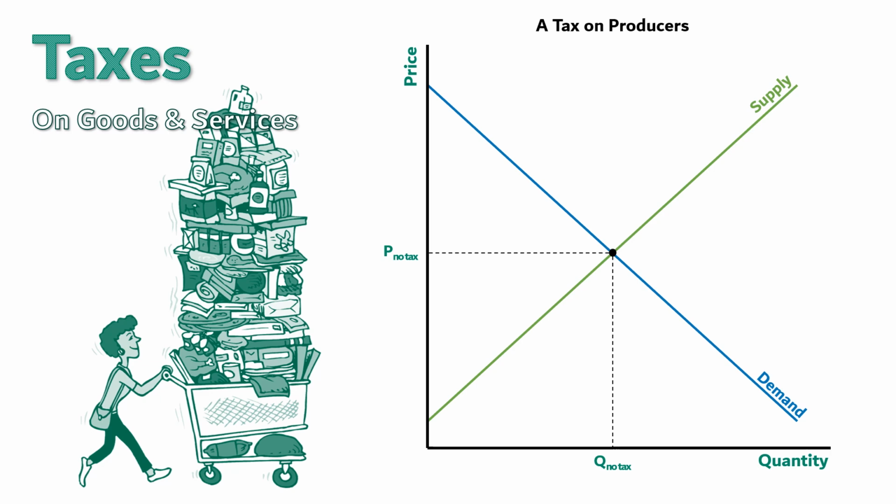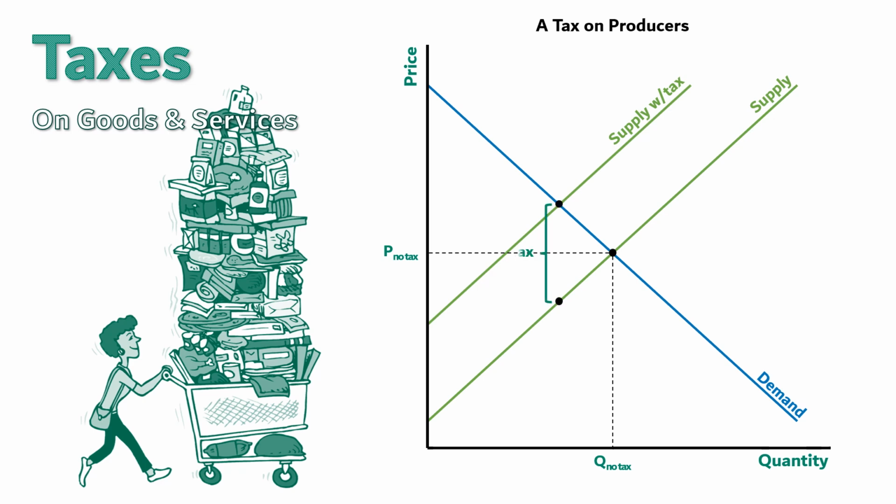How will that impact the supply of this product? This tax is just another cost for producers, and higher costs shift supply to the left, which is a decrease in supply. This would be our new supply with the tax. But how much does supply shift? A lot or a little?